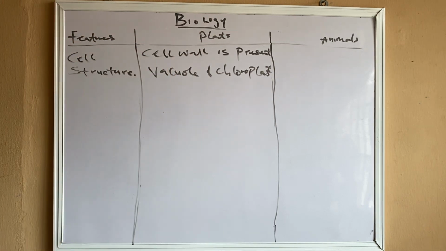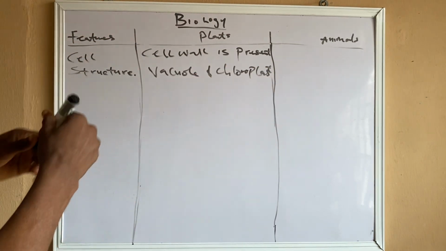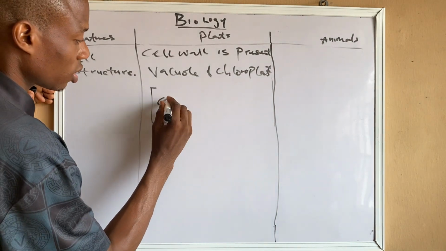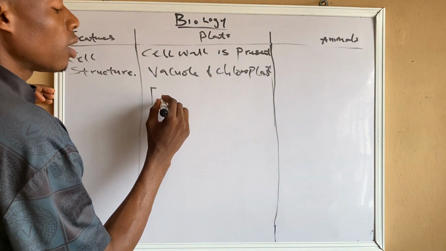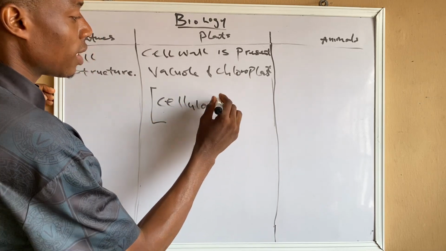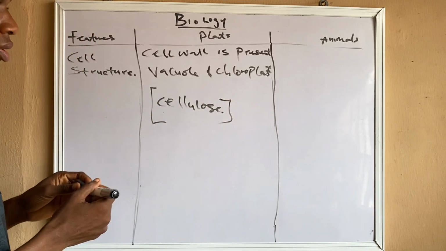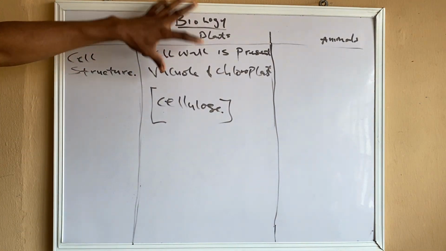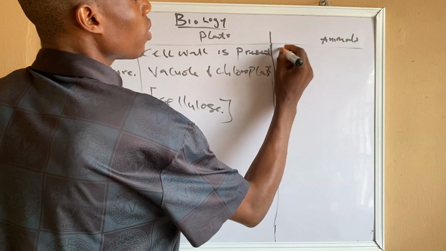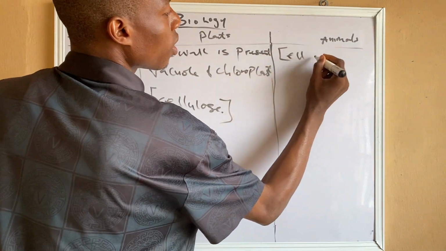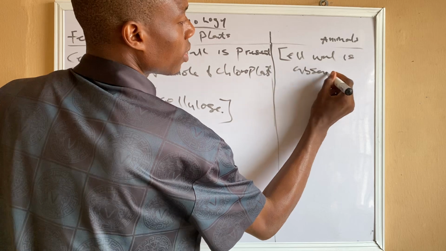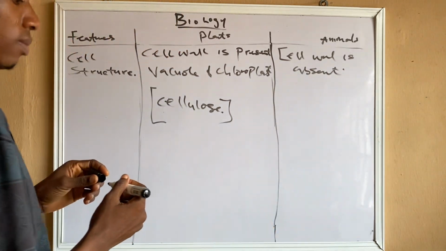In plants, we all know that the cell wall is made up of what? Cellulose. The cell wall of a plant is made up of cellulose. But in animals, the cell wall is absent.